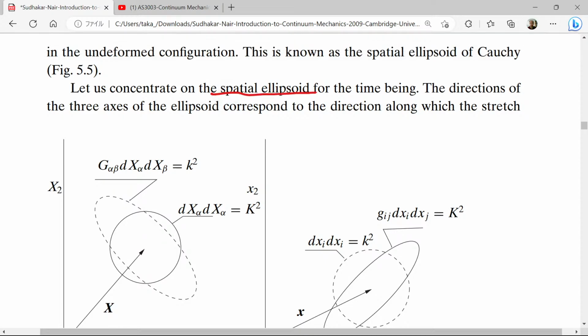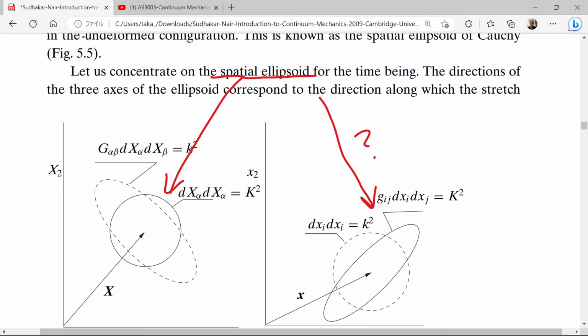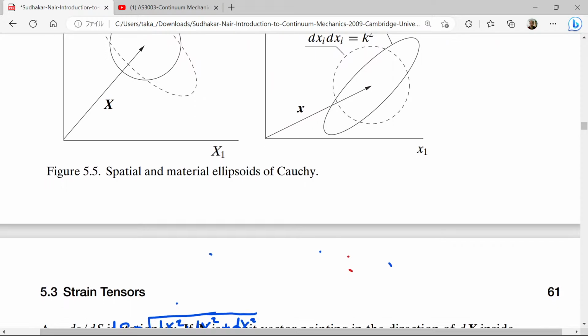Spatial ellipsoid, is this one? Yeah, I think I have to ask this. This is not so clear to me. This is page 61, page 60.